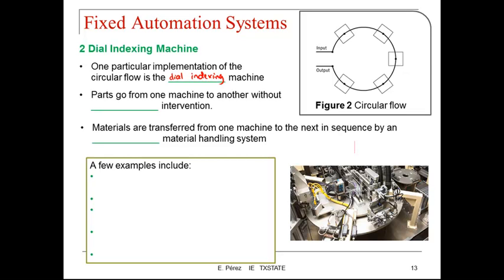In this one, parts go from one machine to another without manual intervention, meaning that you're going to have some type of material handling equipment moving the parts from one station to the other. So materials are transferred from one machine to the next in a sequence by an automated material handling system.